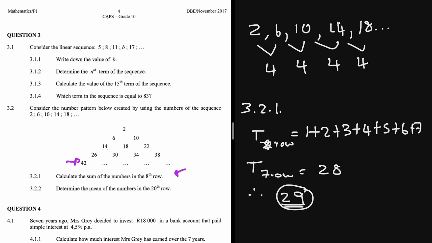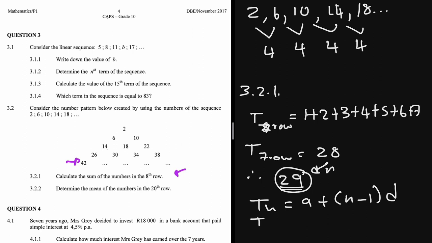So we're going to say now, okay, Tn is the same thing as A plus n minus 1 multiplied by D. So now, to determine the value of that term, this is going to be the position. Remember, this is position number 29. So we can substitute the position together with A and D in our equation so that we can determine the value of term number 29.